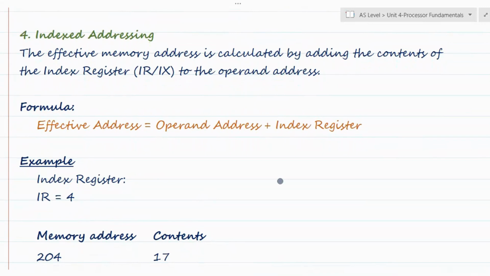This addressing mode is particularly useful when working with arrays and tables, where an index register is used in order to calculate the final address. Here the processor calculates the actual address by adding the operand address to the value stored in the index register, and that is how the final address is calculated.